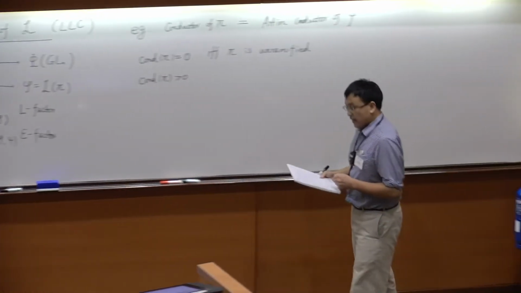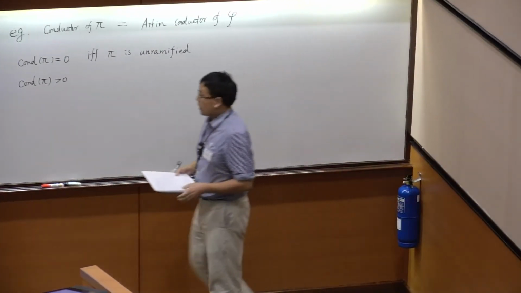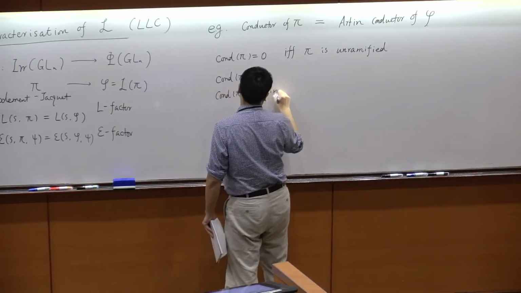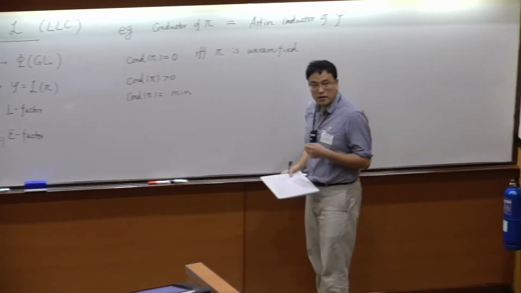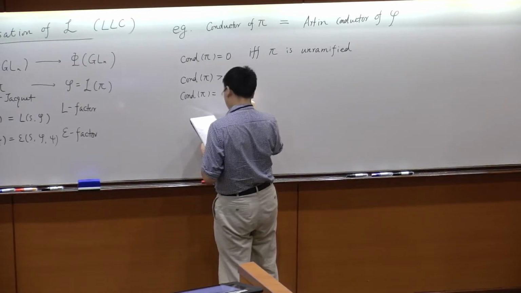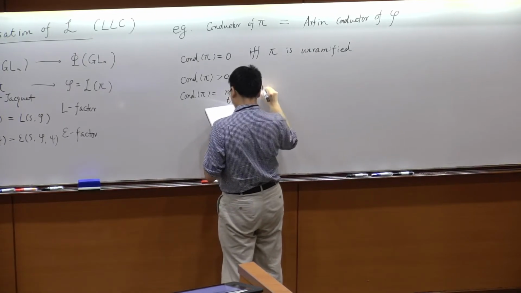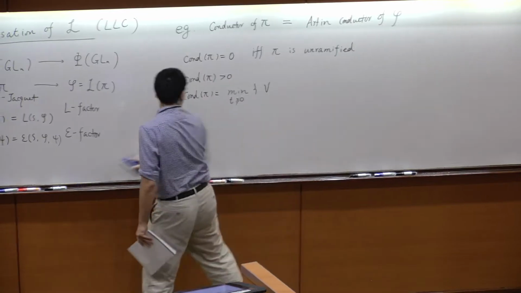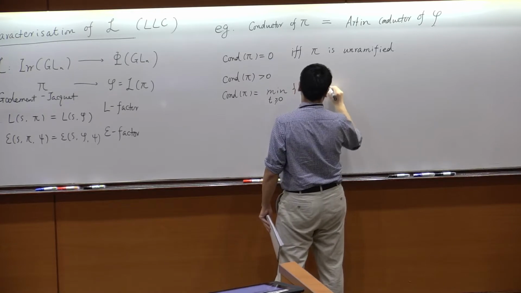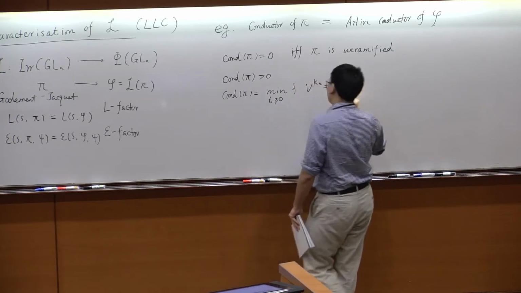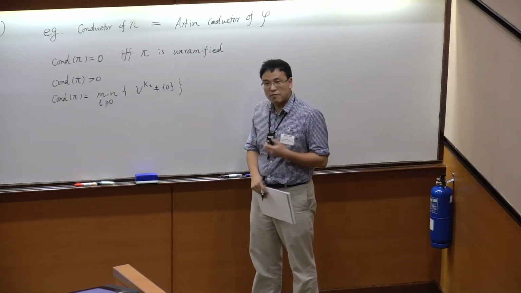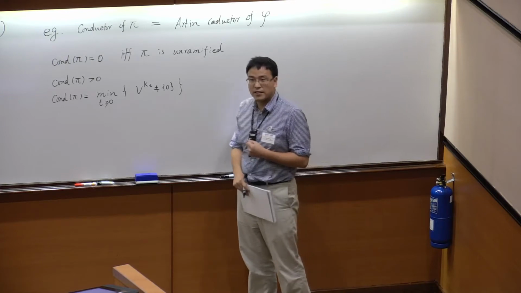Okay, let's see the second case. The conductor is greater than 0. In this case, the conductor means the smallest integer such that some compact subgroup invariant subspace is not the zero space.